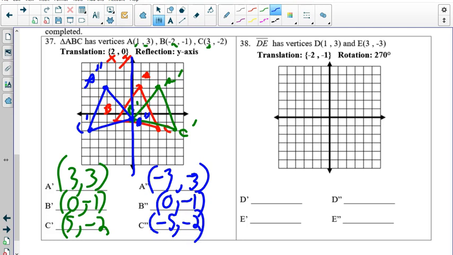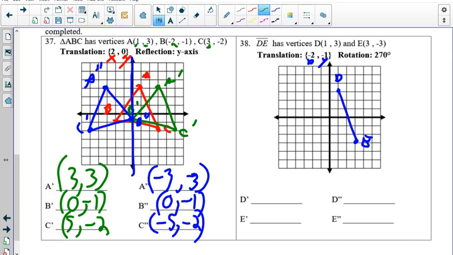DE has vertices at 1, 3, and 3, negative 3. It's going to translate left 2, down 1. Left 2, down 1.